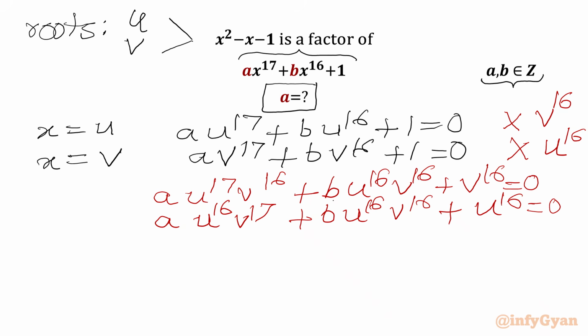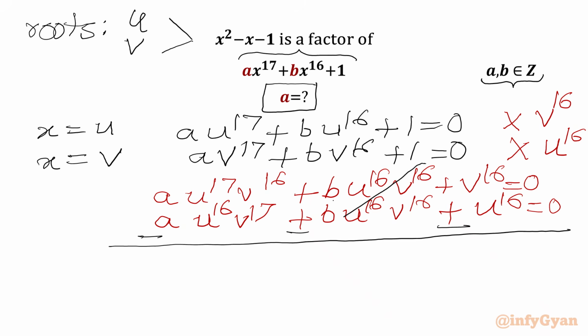Now we are going to subtract the second equation from the first one. Let's change the sign, so b·u¹⁶v¹⁶ with plus sign, with minus sign, so the addition will be 0. Here we will take a common out: u¹⁷v¹⁶ − u¹⁶v¹⁷.